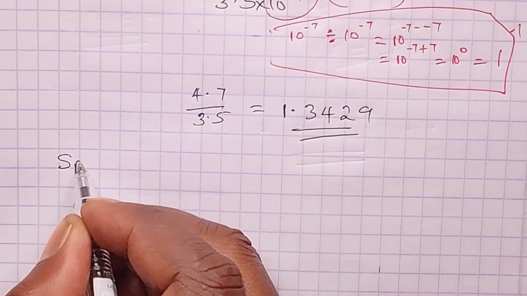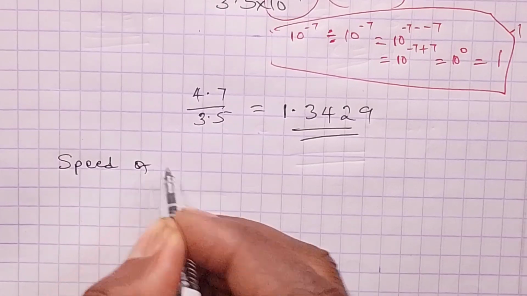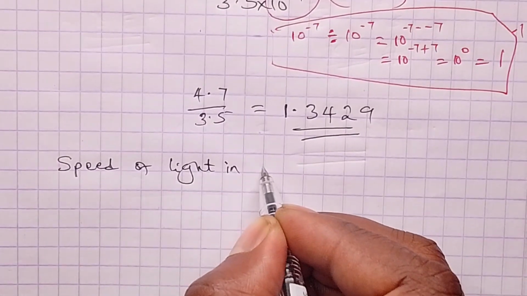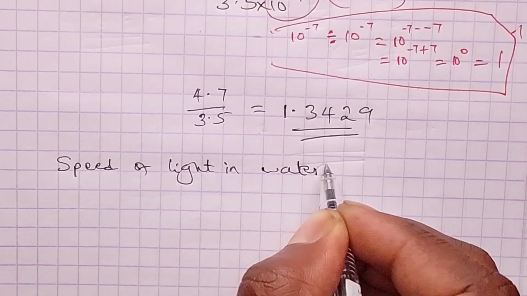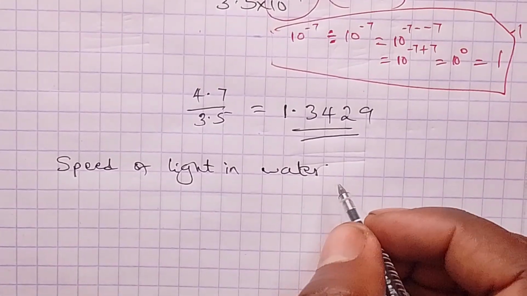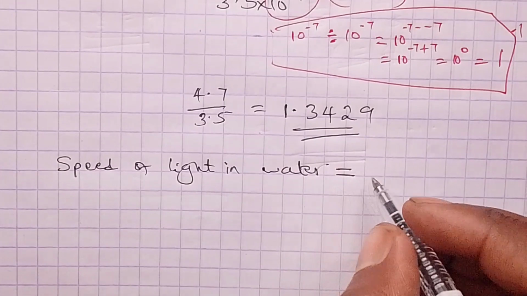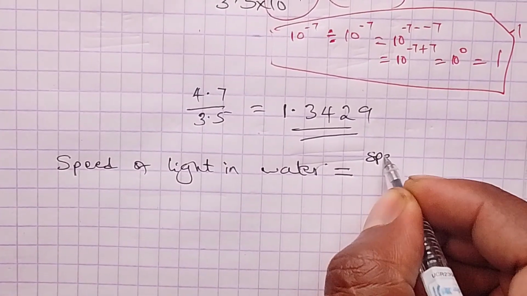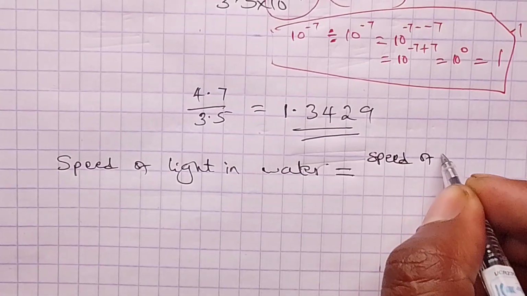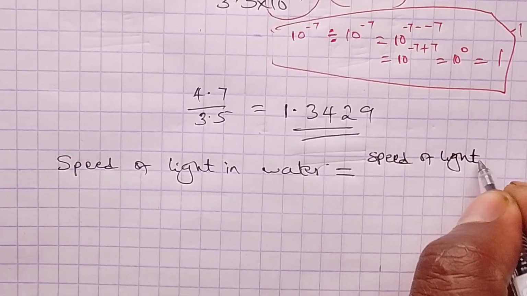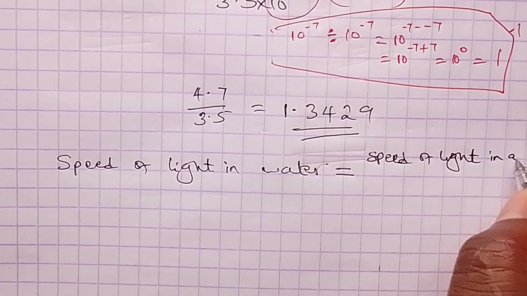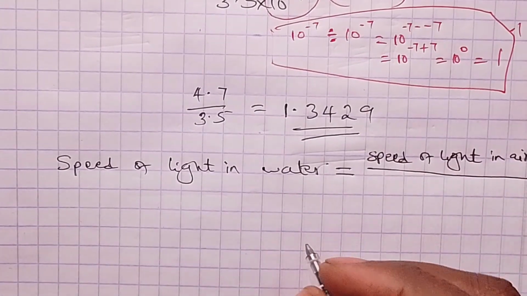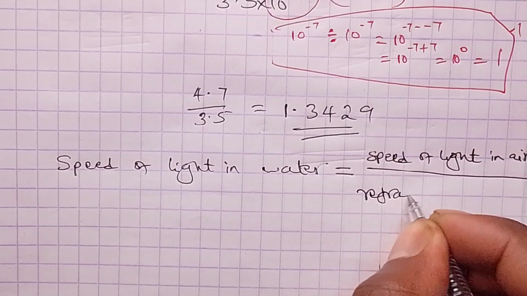Now, the speed of light in water is equal to the speed of light in air over the refractive index.